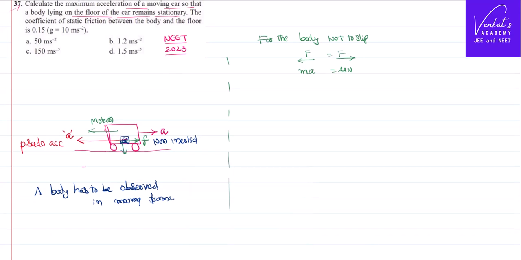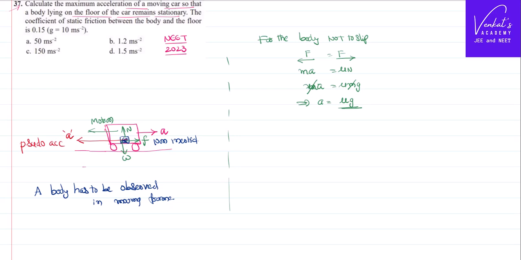Weight is the force acting downward, so normal reaction is equal to weight. So mu into mg equals m into a, where a is the pseudo acceleration. These m's can be cancelled. So the maximum acceleration that the car can have is a equal to mu g.